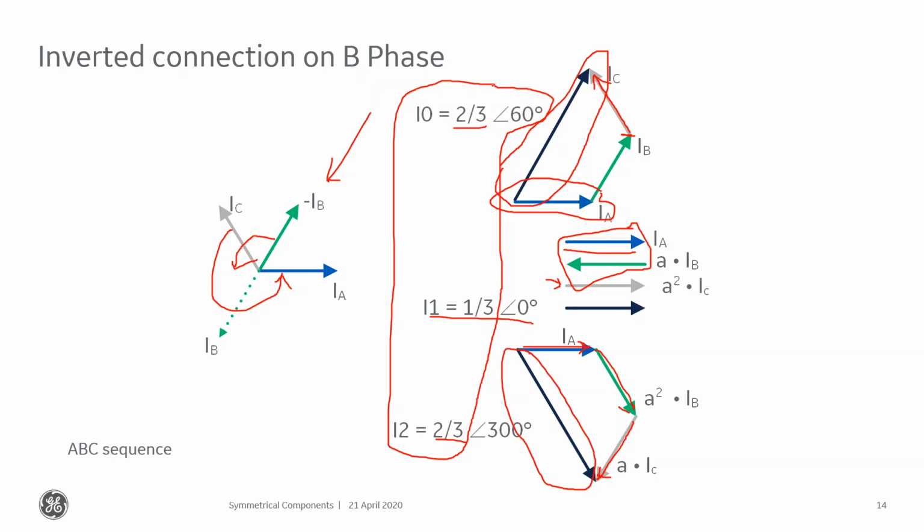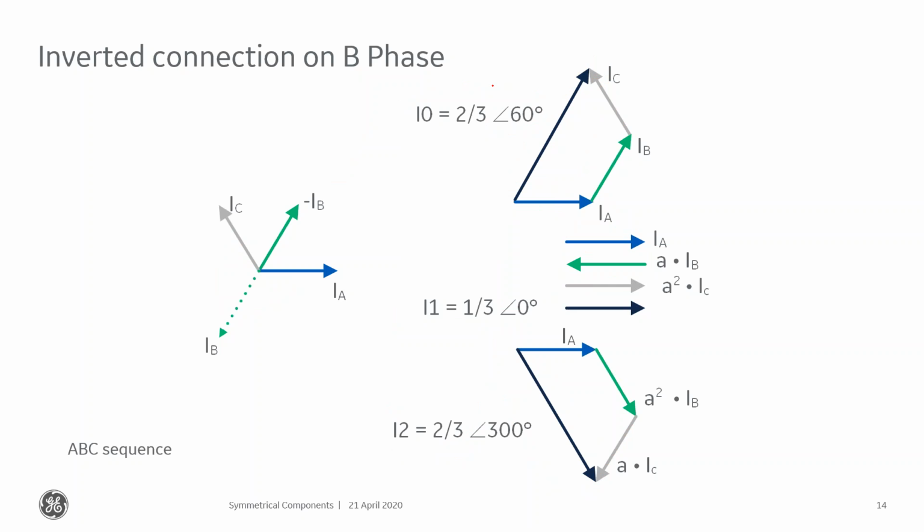So one of the things that we always should do as we commission protective relays or meters is look at the quantities of positive, negative, and 0 sequence components from our metered quantities to see that we have eliminated any wiring errors. This can immediately point out that you've got a wiring error, but then you've got to figure out what that wiring error is.